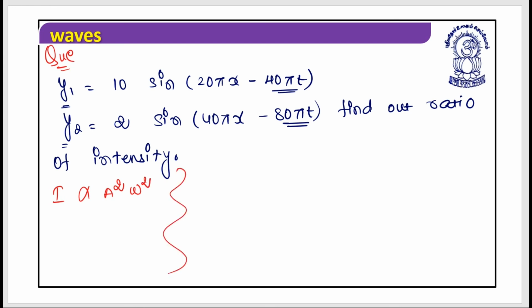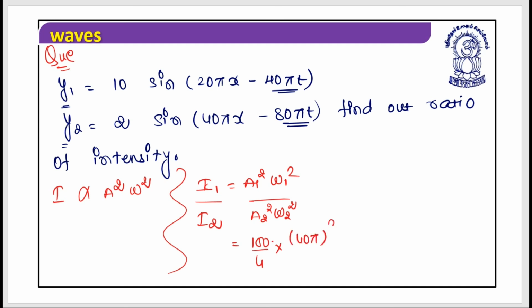So let's take a ratio of this. I1 equals a1 square into omega 1 square, divided by I2, which equals a2 square into omega 2 square. So this equals a1 square, 100, a2 square, 4, multiplied by 40 pi whole square over 80 pi whole square.